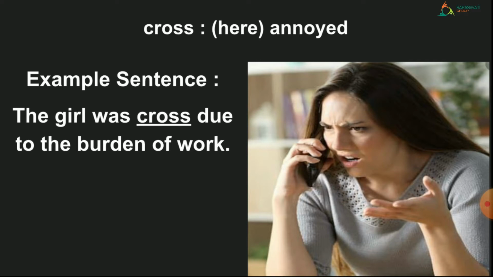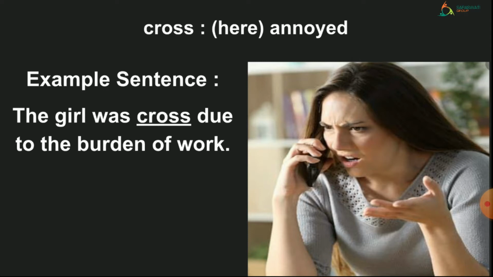Cross. Now cross here does not mean that somebody is crossing the road or going on the other side of the road. No. Here cross means annoyed. Getting too much annoyed or angry. That is cross. You can see from the picture.